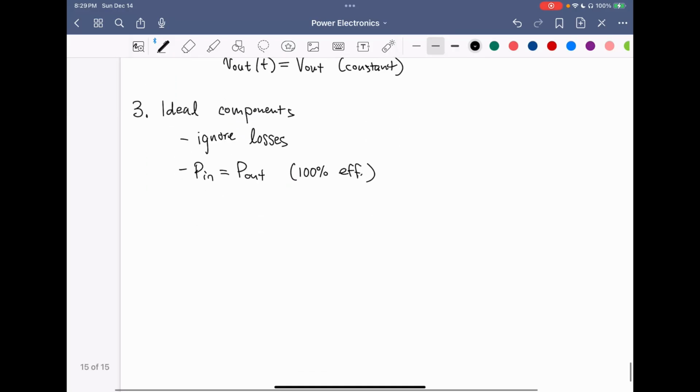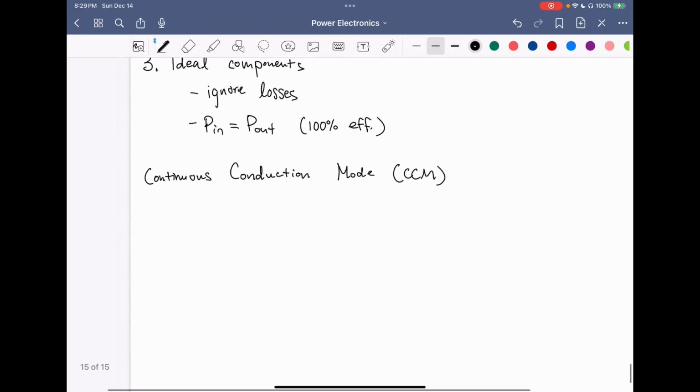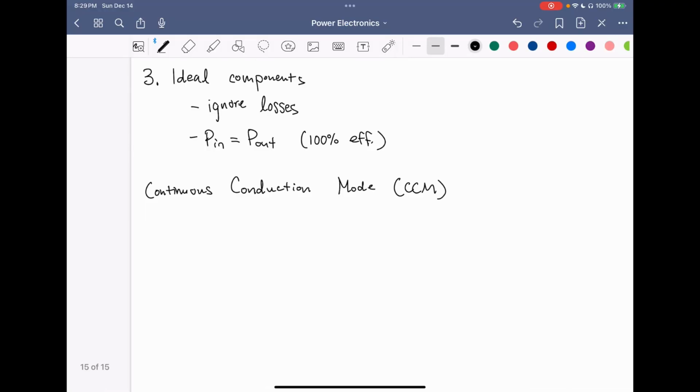Okay, so let's begin the analysis for the buck converter in the continuous conduction mode. This is one more term that is important in our analysis. What this means is we're analyzing the buck converter in the case where the inductor current is always positive.